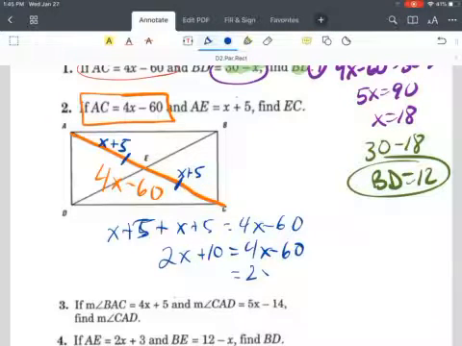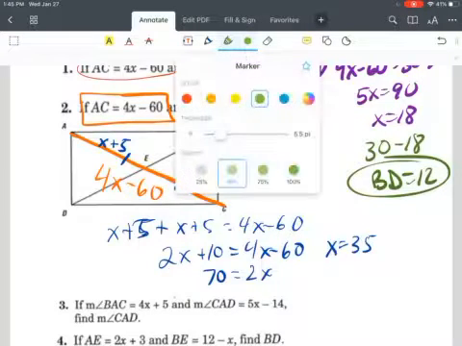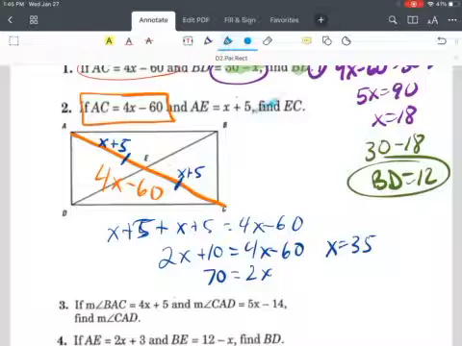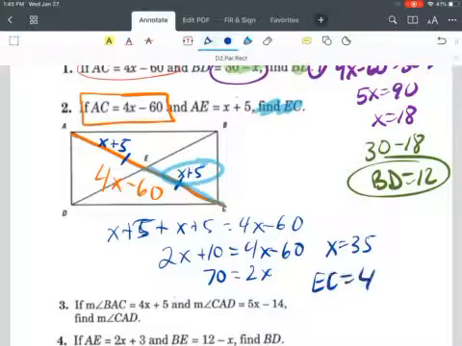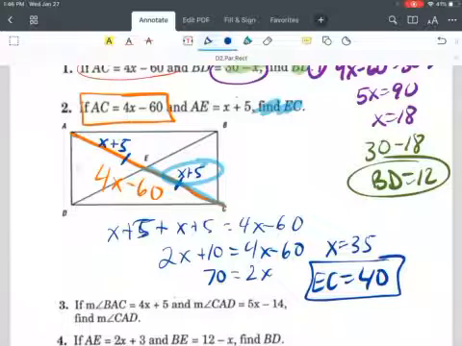And solve. And I get x equals 35. It says find the measure of EC, which is x plus 5. So EC equals 40.